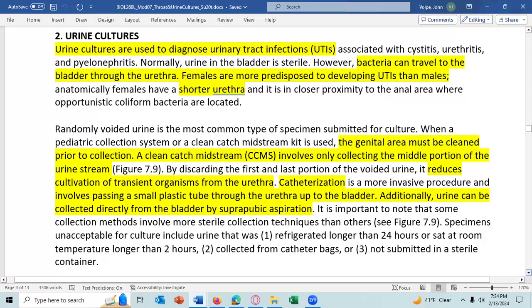I've looked to see if males have a normal microbiota in their bladder, and I can't find anybody who's done any research or looked. And so I don't know if males have normal bacteria in their bladder or not.